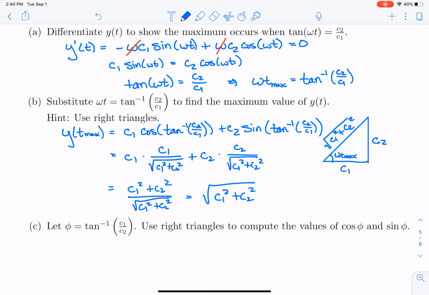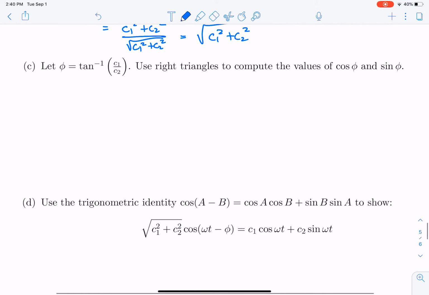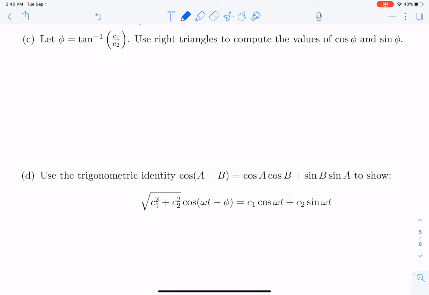Okay. Now let's look at what the phase might be for this oscillation. What is phi going to be? Okay. So I'm going to suggest here that phi is equal to the arctangent of C1 over C2. Okay, so I think that that's the phase, and then I'm going to show you that that's the phase that works out.